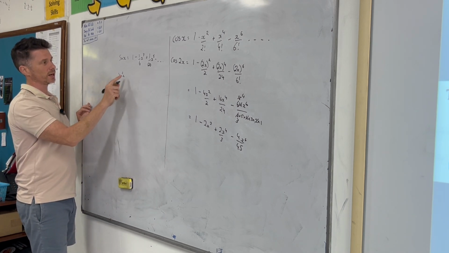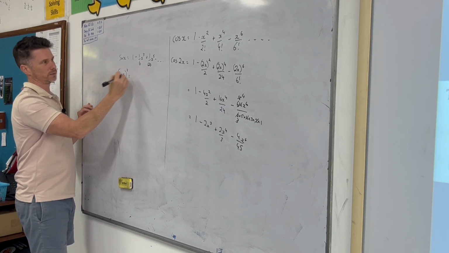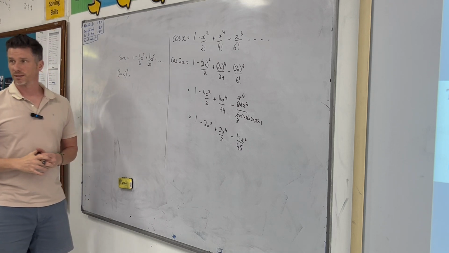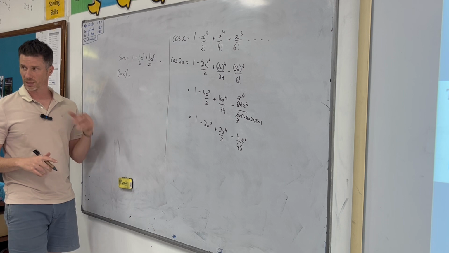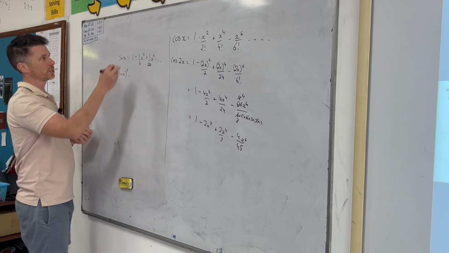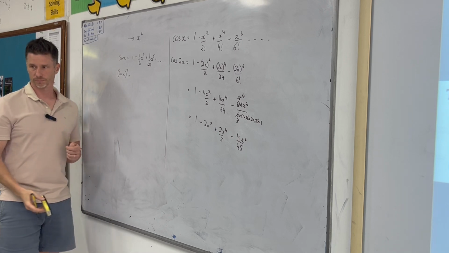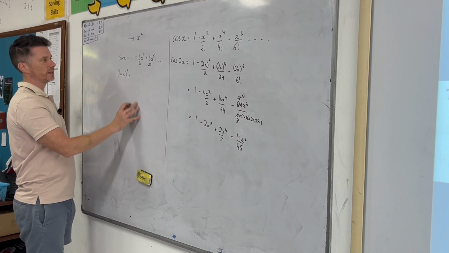So sine squared x can be rewritten as sine x squared, which is sine x times sine x. So this is where we need to think about what would need to multiply by what to get up to the x6 term, which is what the question asks for. So we can set this up a little bit.